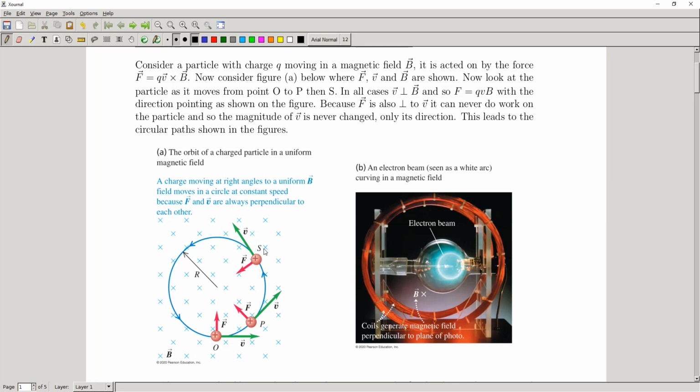And we're going to look at the force that this magnetic field exerts on our charged particle as it moves through these different points.